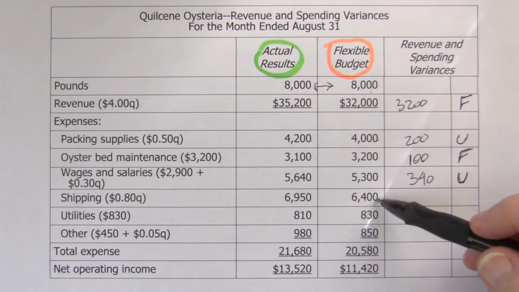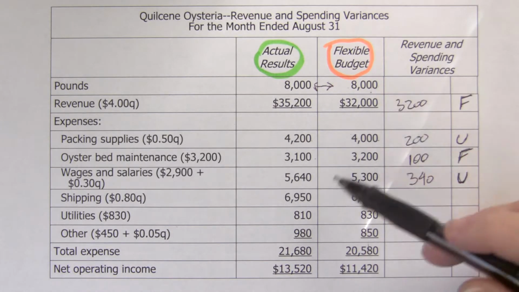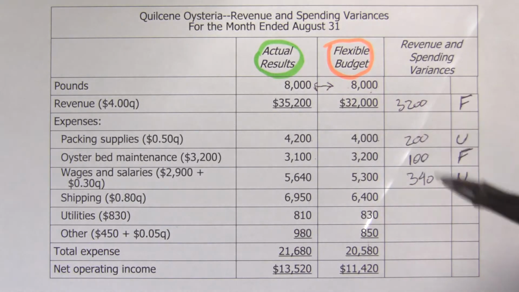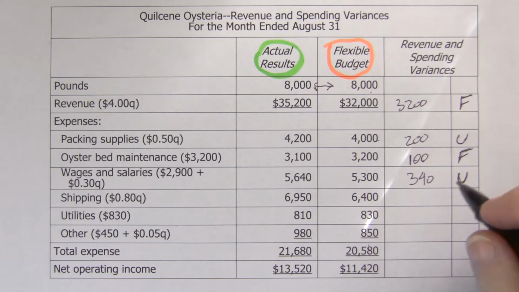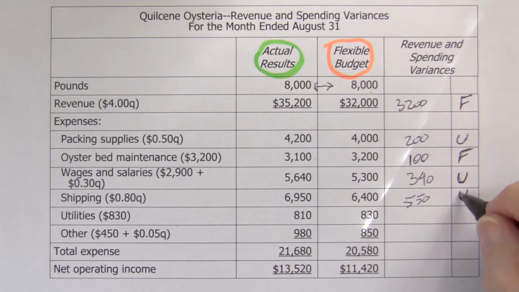Let's take a look at shipping. We expected to spend $6,400 to ship 8,000 pounds of oysters. We spent $6,950 to ship 8,000 pounds of oysters. So that's an unfavorable variance of $550. Again, just go back to the simple rule. If you tell your boss about that number, will he or she be happy? If he or she is happy, it's favorable. If he or she is unhappy, it's unfavorable.